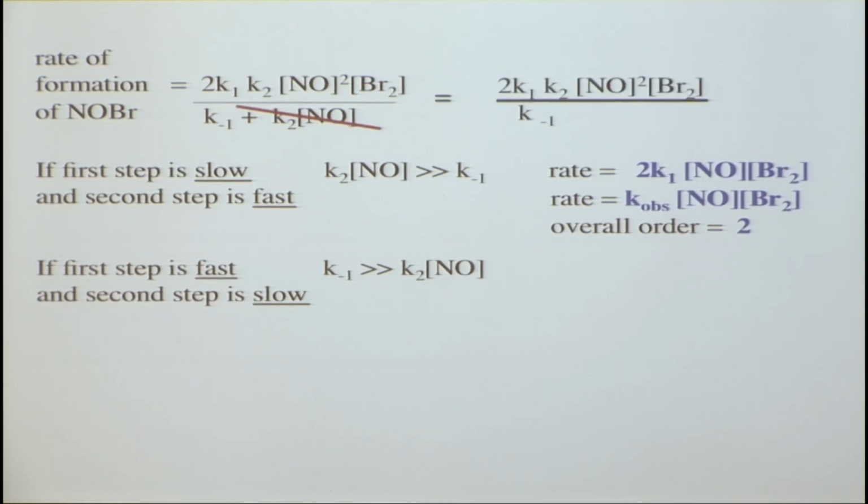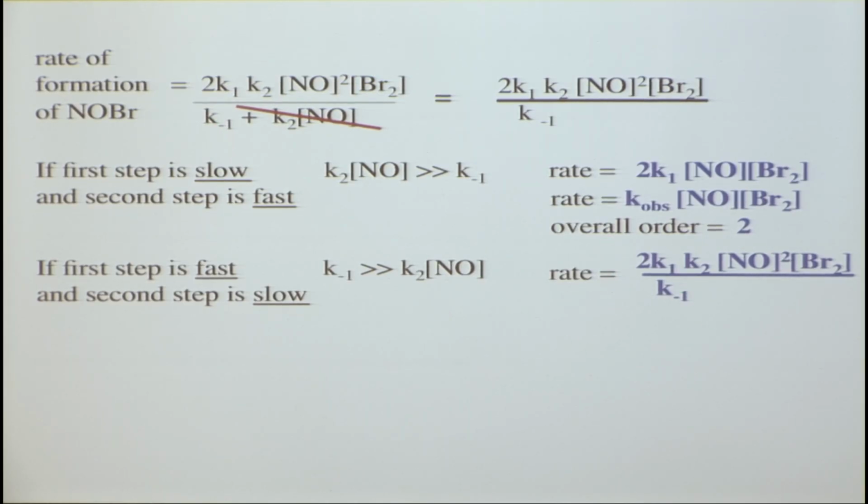And then we're left with this expression, which I can put down here. We can't cancel anymore at this point. So that leaves us with 2 times k1 times k2, NO squared Br2 over k minus 1.